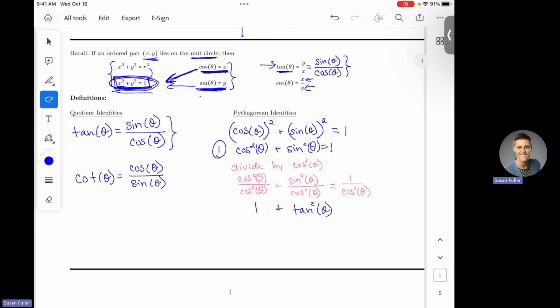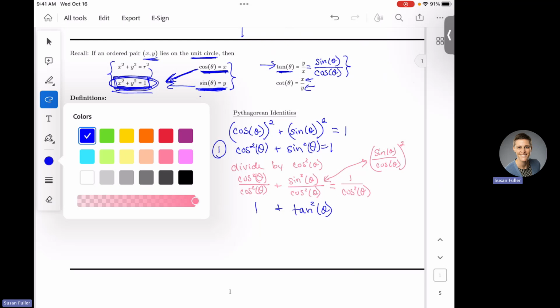If you're having trouble seeing that, you can always think about it as the sine of theta over the cosine of theta, that entire thing squared. These two notations mean the same thing, so that can also help you get to tangent squared if you are having trouble keeping them separated.